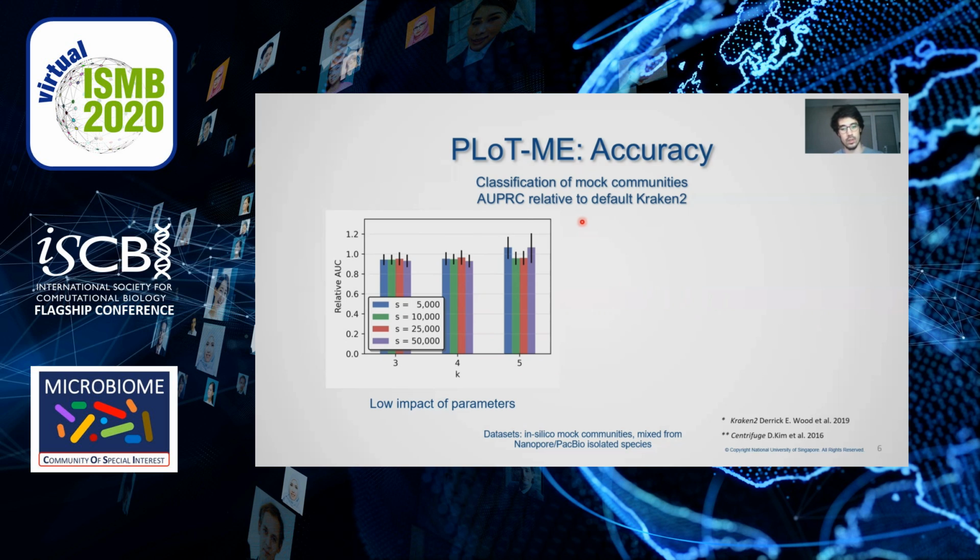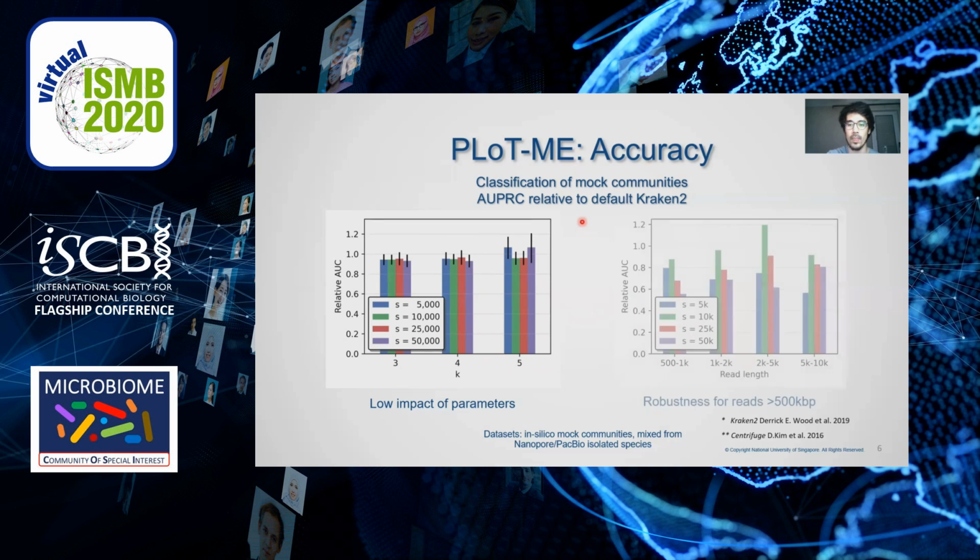Then we wanted to push things further, so we built some communities with shorter reads. On those communities, we have seen some trade-off, where depending on the size of the segments, so S, we can have different accuracy. We are working on it with overlapping clusters to overcome those limitations.